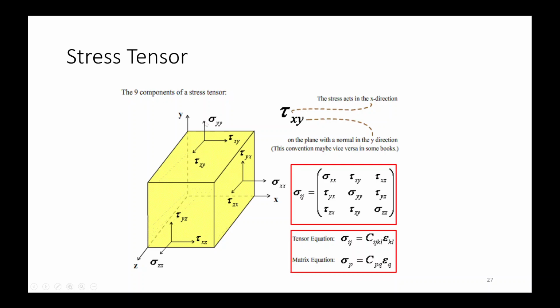So this is your sigma xx, sigma yy, sigma zz. Here, in the notation, the first subscript denotes the direction in which we are applying stress, and the second denotes the plane normal. So in sigma yy, y is the direction as well as the y plane. The xx, yy and zz terms are the principal stresses, where both subscripts are the same, and the others are shear stresses.